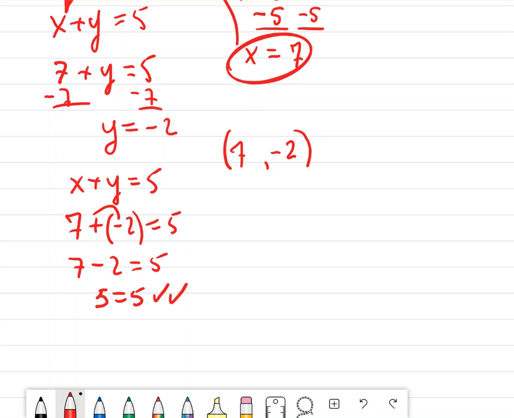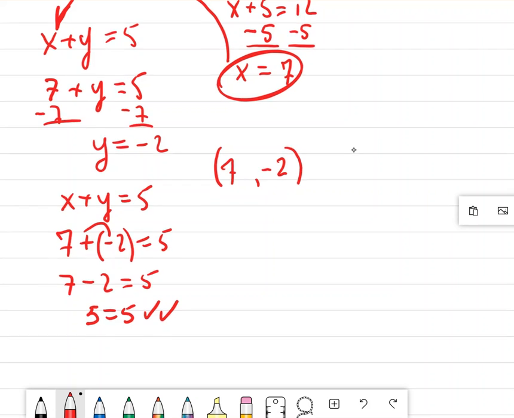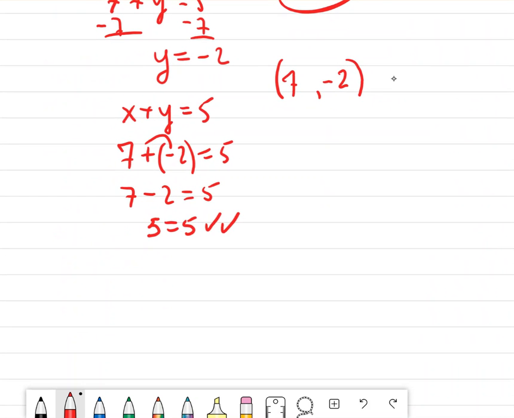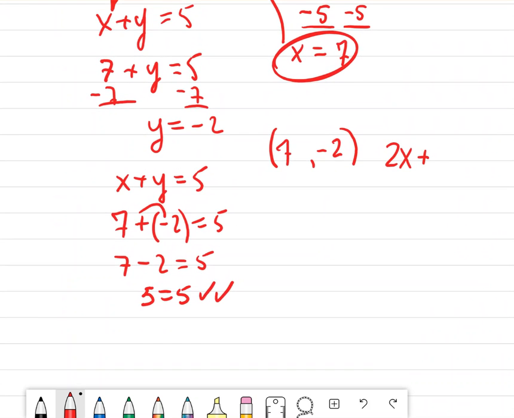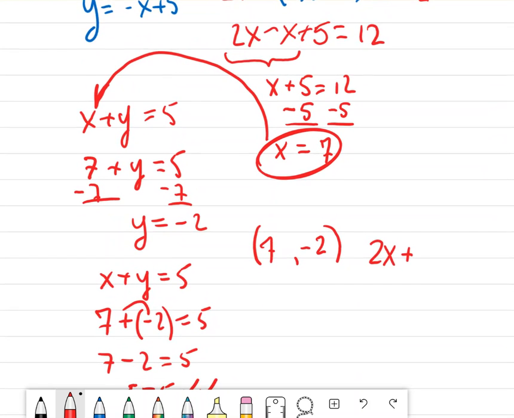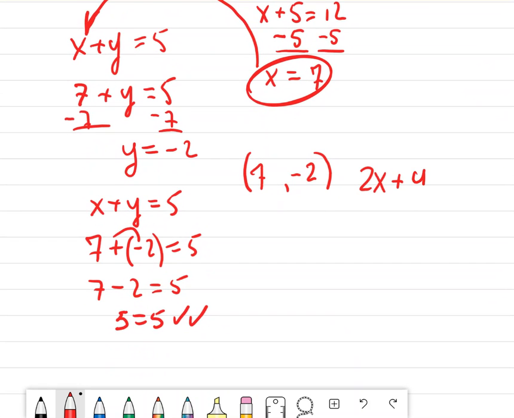But we do have to check out the other equation. For the other equation, we had 2x plus y equals 12. Well, we're going to do 2 times 7 plus negative 2 equals 12. 2 times 7 is 14.